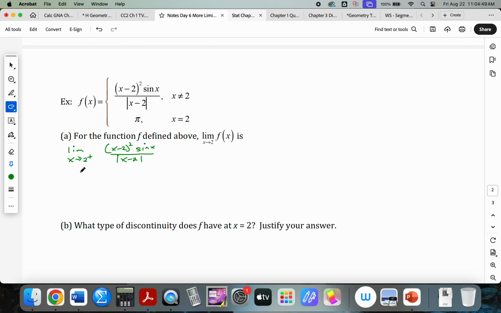No. So for this limit, we can say that this is equal to the limit as x approaches 2 from the right of x minus 2 quantity squared sine of x over x minus 2.